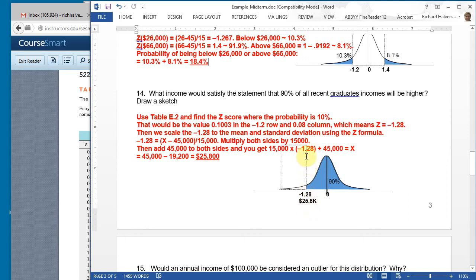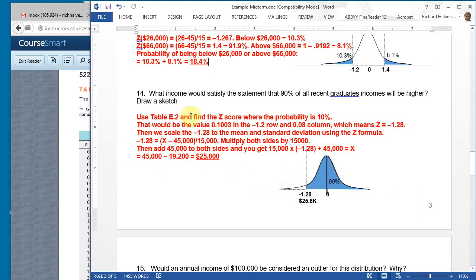First we need to find this z by looking at the probability table. This is 90% here. This is going to be 10% here on this side to the left. That's what the probabilities give us in the table. So we want to find what the z-score is for 10%.